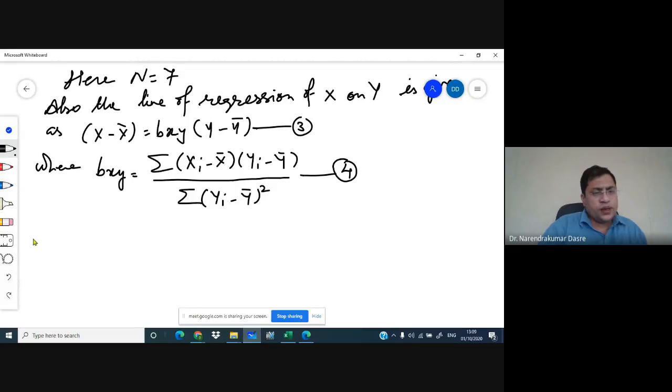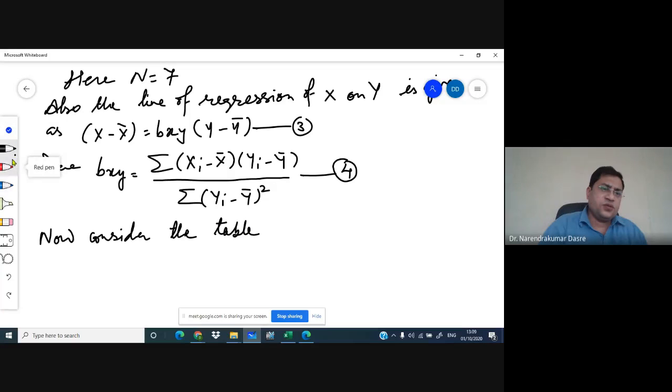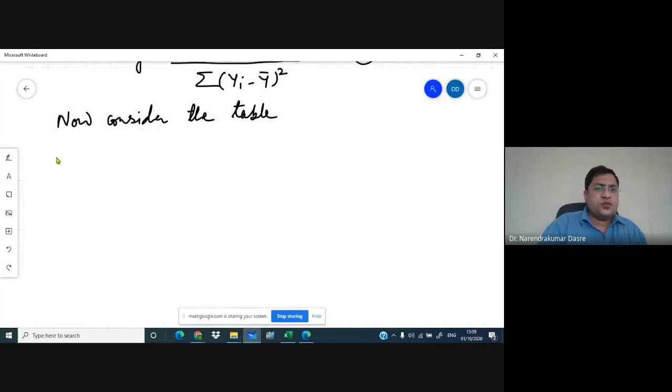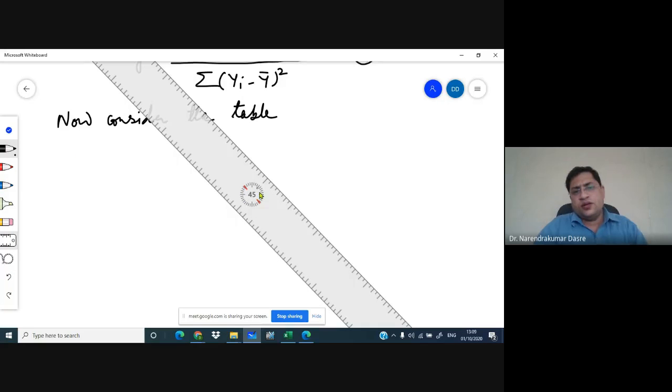So now we are able to consider the table. We know what table we have to make.